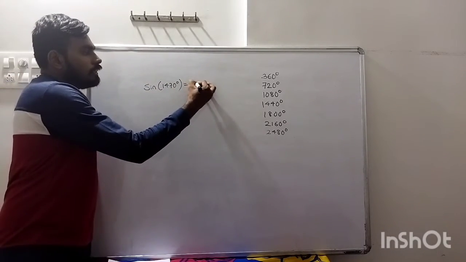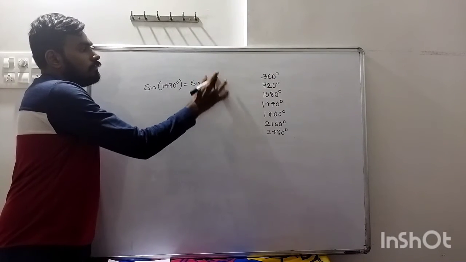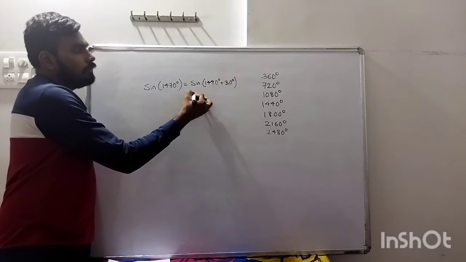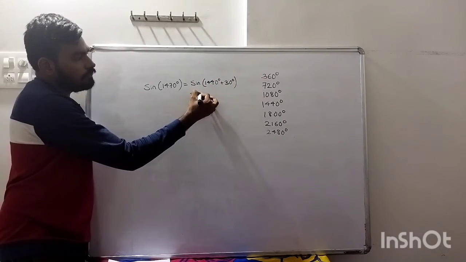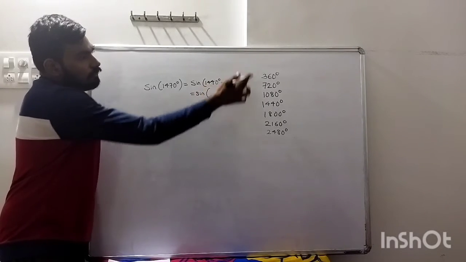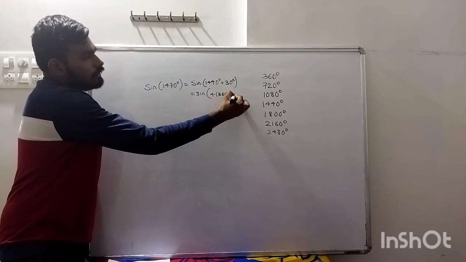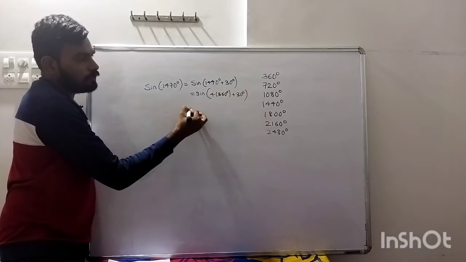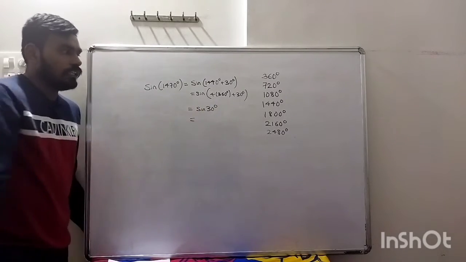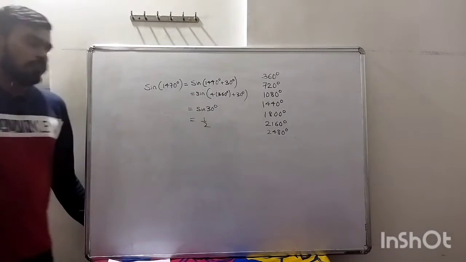If we add 30 to that 1440, we get 1470, correct? And this is sine of n into 360 degrees, that is 4 into 360 degrees plus 30 degrees. This is the same as, from the previous formula, sine of 30 degrees. The answer you have to write is half, correct? Finished.